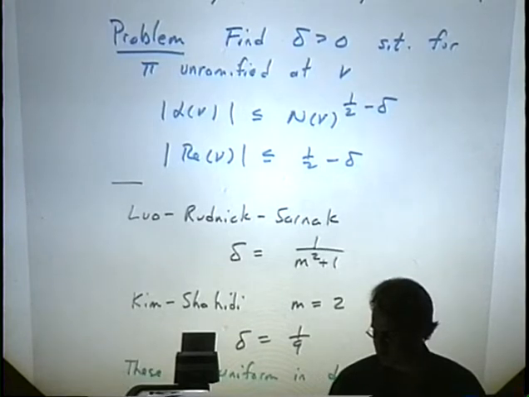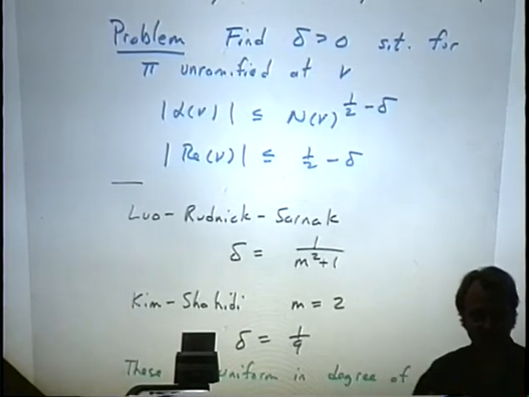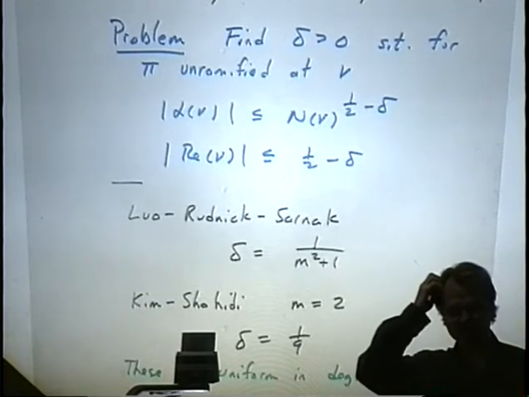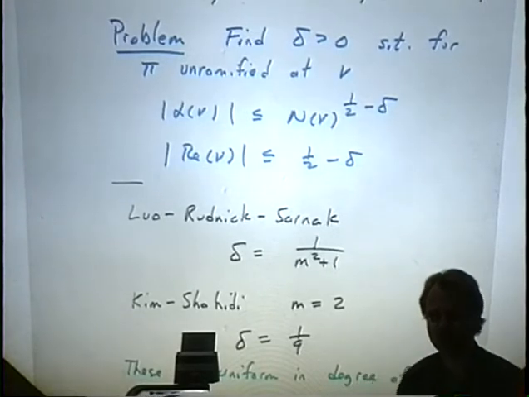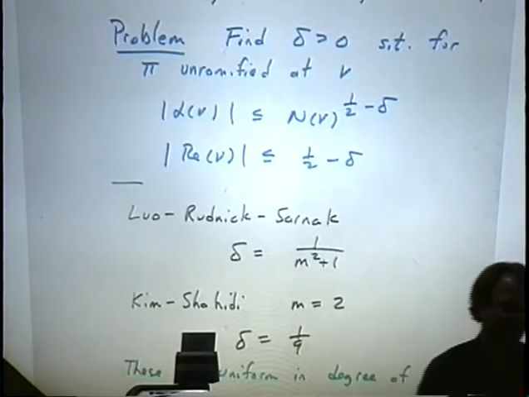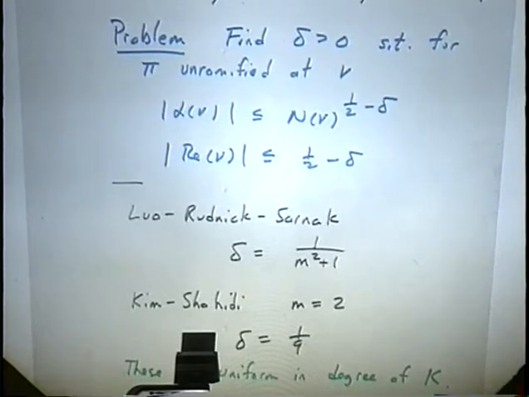One thing I want to emphasize about these estimates is that they're uniform in the degree of the number field. And for an analytic number theorist, this is an astonishing thing, because if you compare, for example, Dedekind zeta functions to the Riemann zeta function, if you're interested in very classical problems like the behavior on the critical line, if you understand Dedekind zeta functions uniformly in the number field, then you understand powers of the Riemann zeta function, and you have everything that you want.